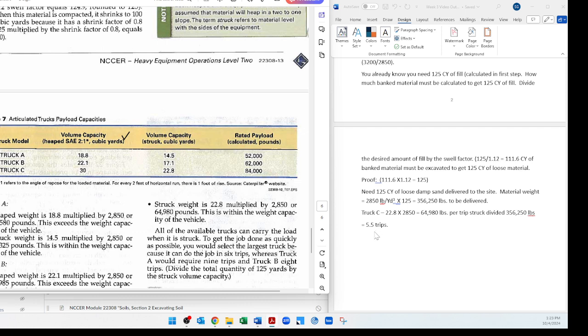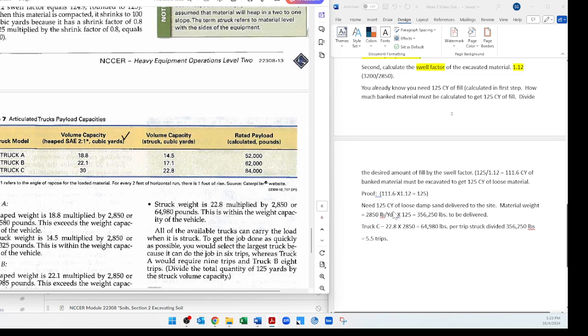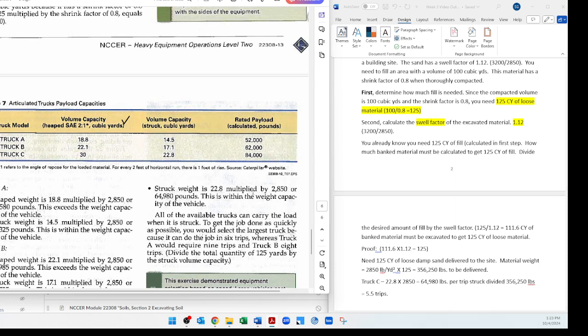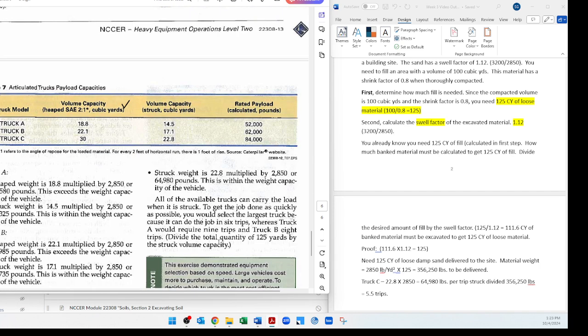So I picked truck C. I did it just purely by weight. I think there would be other considerations, and it might talk about those when you're over here, like it's doing the same thing, and you got to make sure it's within the weight capacity. They go through all the trucks for you, but divide the total quantity, 125 yards, by the struck volume capacity.